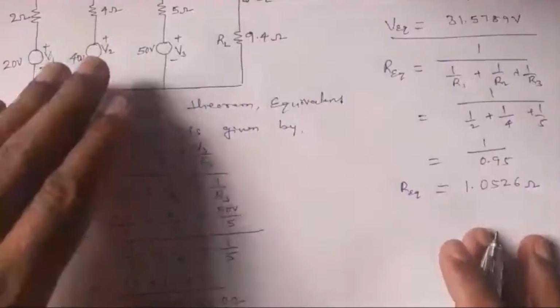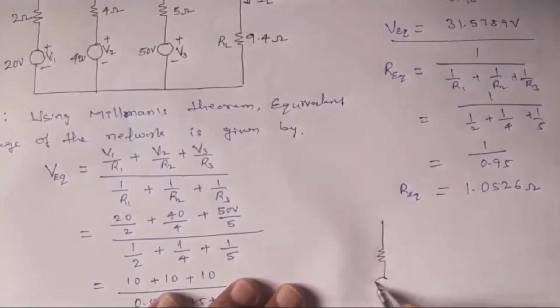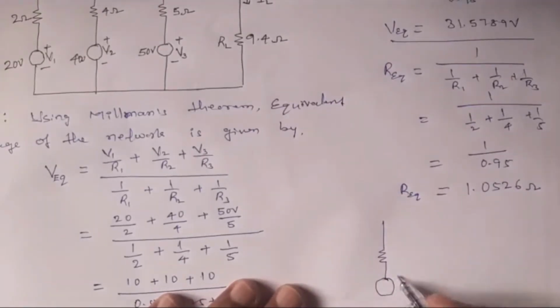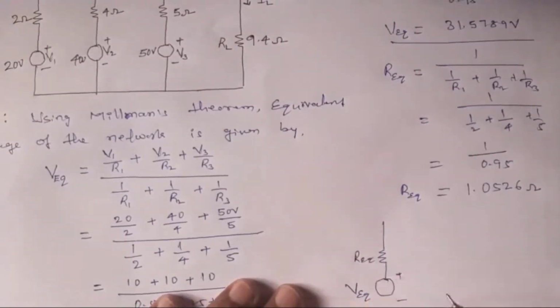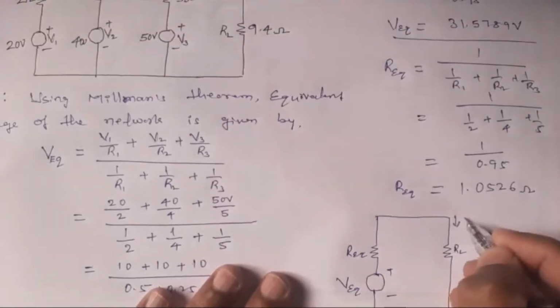Now the given network can be replaced by one R equivalent and one voltage source with positive and negative terminals. This is V equivalent, this is R equivalent, and here you have RL and the current through it is IL.